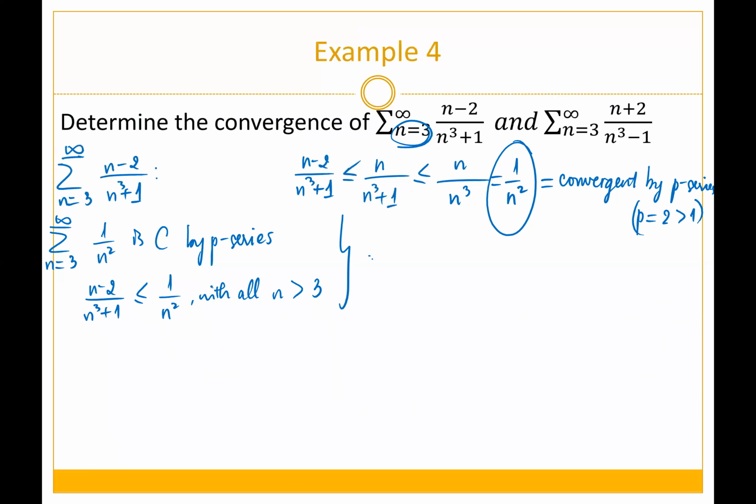So by these two, you have the series from n equal to 3 to infinity of n minus 2 over n cubed plus 1 is convergent by the direct comparison test. So now you have the series, and we can use the direct comparison test to determine the convergence. So the second one is going to be hard to use, and this is why.